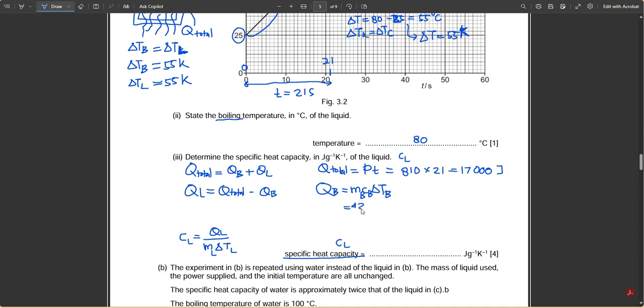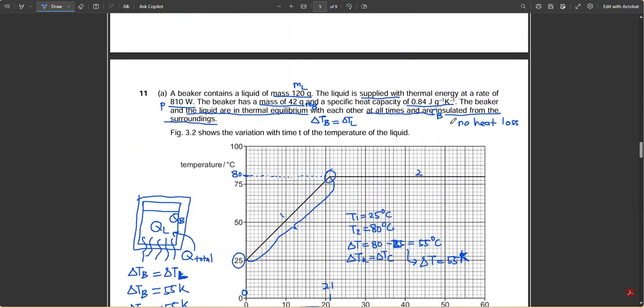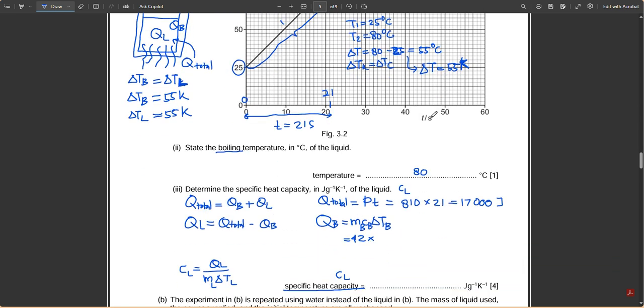Again, no need to convert into kilograms because it's in grams. And then what's the C? The C of the beaker is also per gram here, so just write 0.84. And then the delta TB, you got it from here, 55 Kelvin.